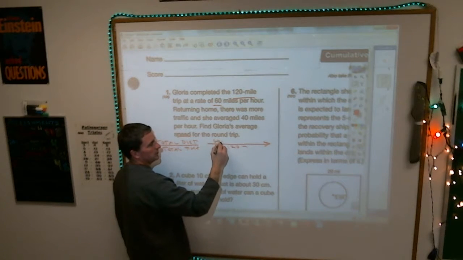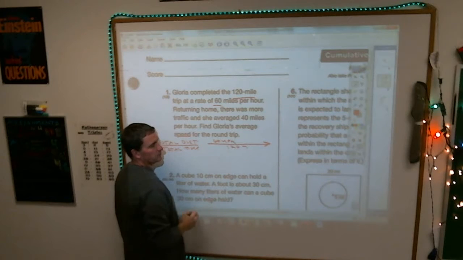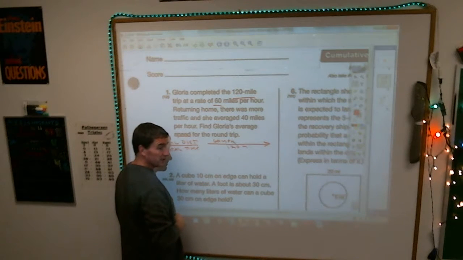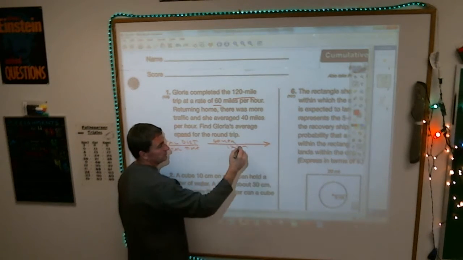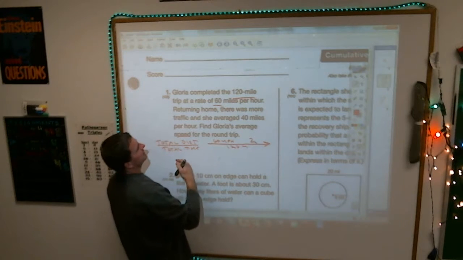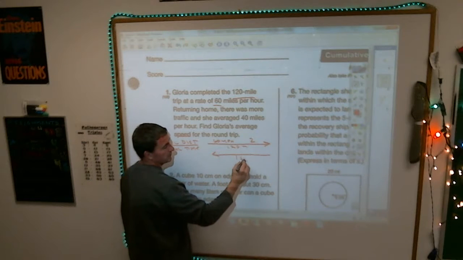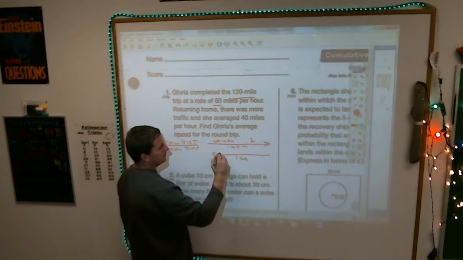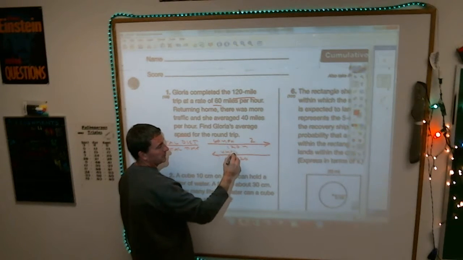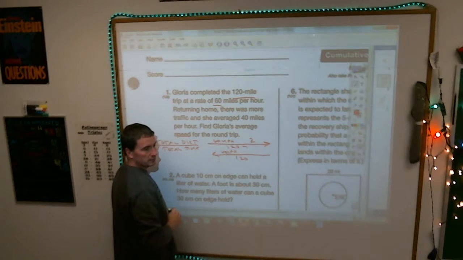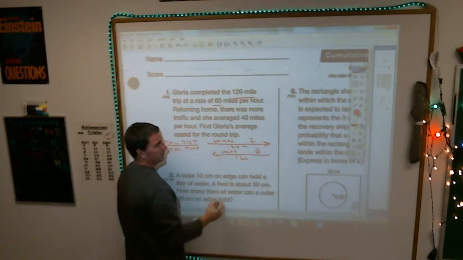So that means it took her how long? If you're going 120 miles at 60 miles an hour, how many hours is that going to take you? 2. So there's the time for that. On the way home, which is also 120 miles, she only went 40 miles per hour, which means it took her 3 hours. So now we've got all our numbers.